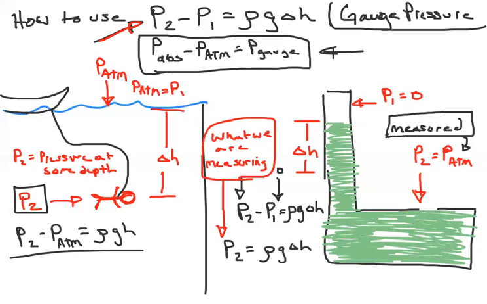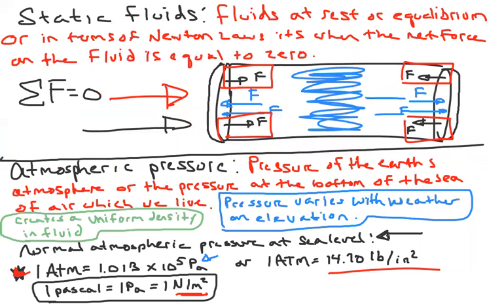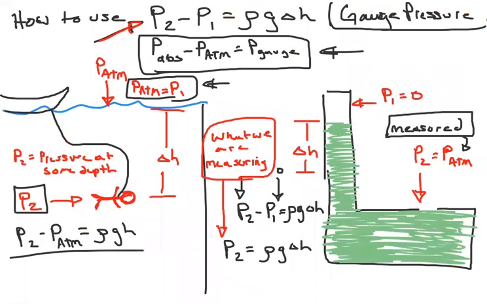whatever depth you're at. P1 is always going to be the atmospheric pressure. And in this case, this is going to be that constant we talked about. Remember, we talked about atmospheric pressure has a certain constant, this number right here. One atmosphere is 1.013 times 10 to the 5th pascals, right? So that's the number that you'll use in here, right?